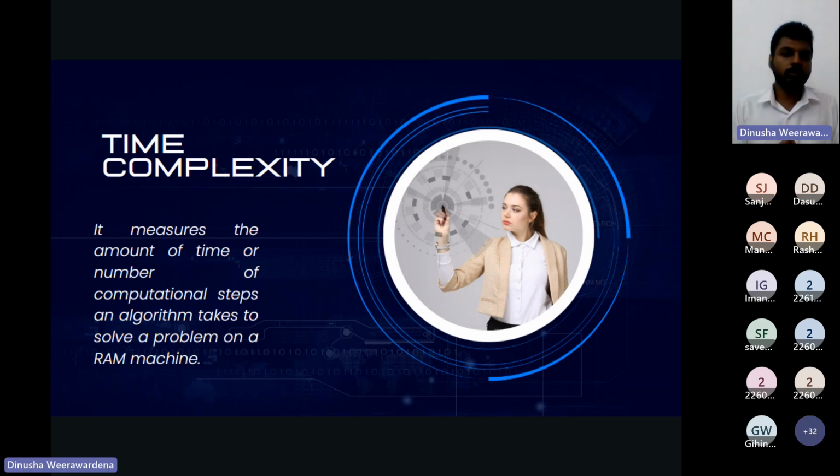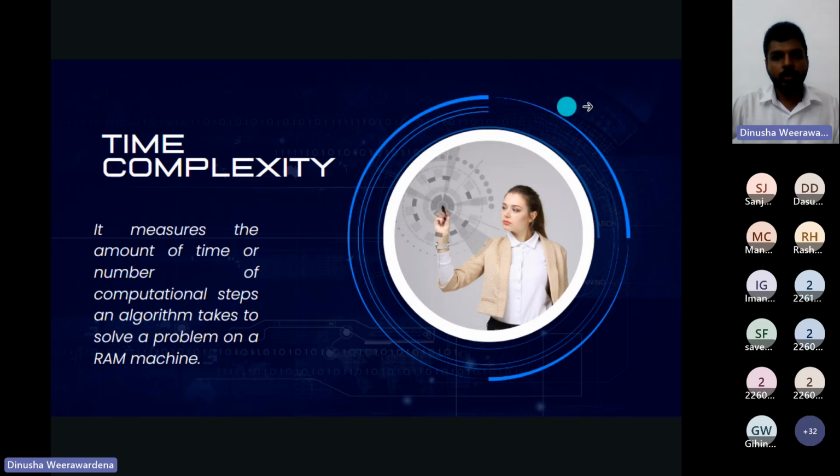This helps us to evaluate the efficiency of algorithms and make informed decisions. We want to choose algorithms that can handle larger problems without slowing down significantly. Time complexity guides us in selecting the most efficient algorithm for the task at hand.